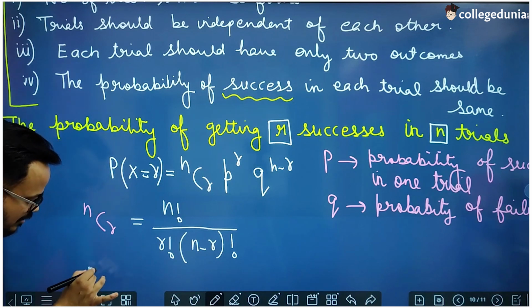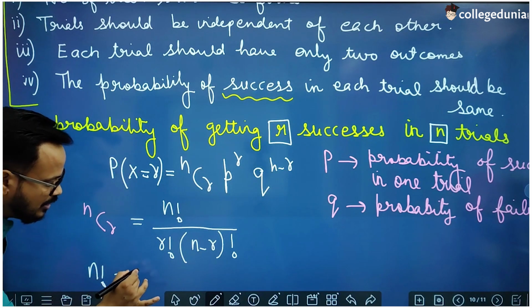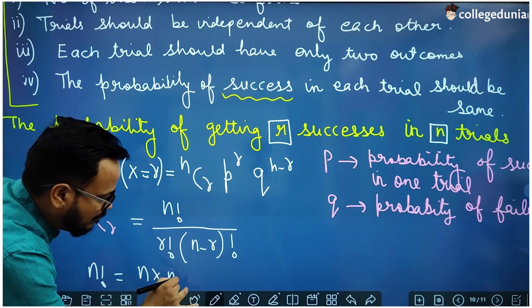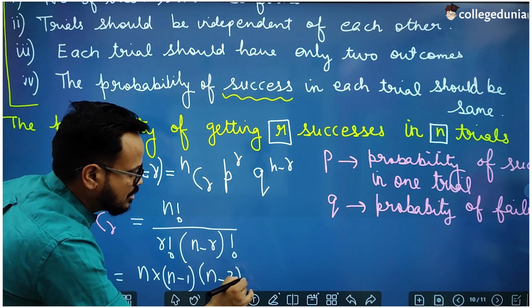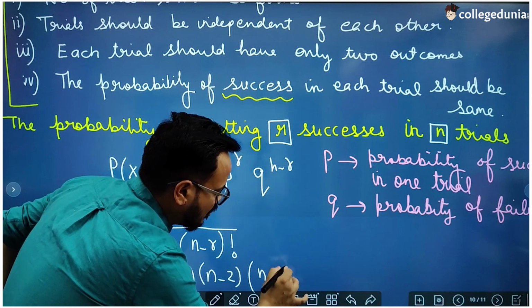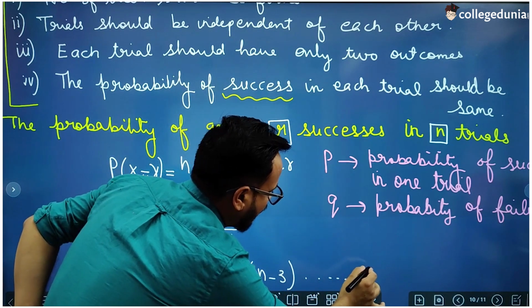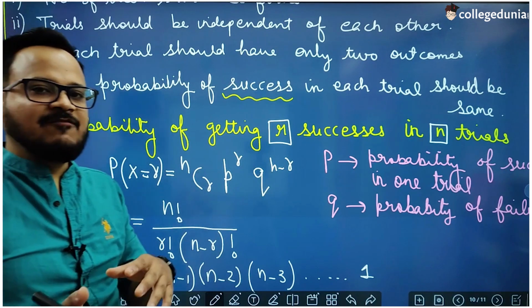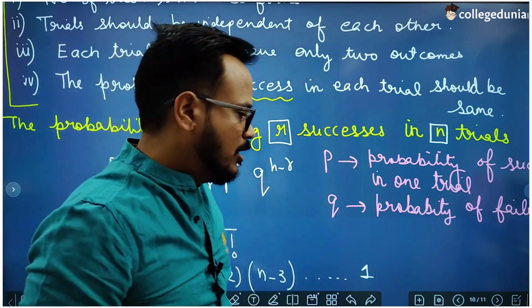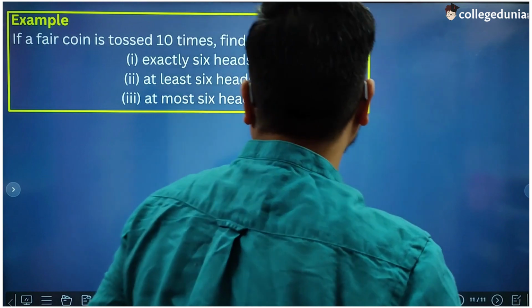And what is n factorial? n factorial is n into n minus 1 into n minus 2 into n minus 3 till 1. For example, 5 factorial is 5 into 4 into 3 into 2 into 1.